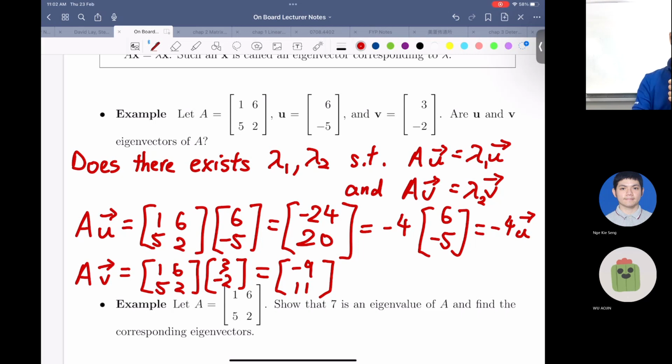Is this a multiple of V? No, you cannot multiply V to get this, because to get from 3 to minus 9, you need to multiply by minus 3, but minus 3 times minus 2 is 6. So it's not a multiple.